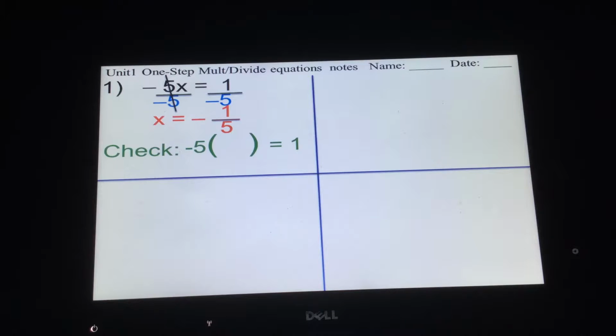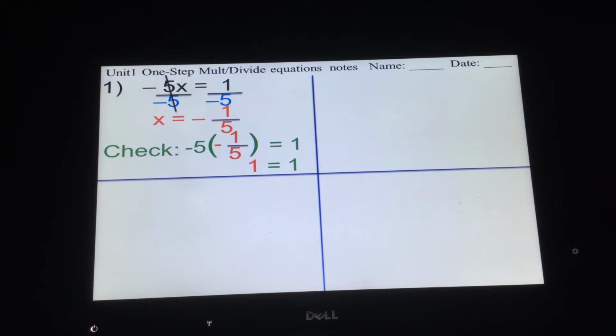Let's put the negative 1/5 in there, and then you can multiply that in your calculator: negative 5 times negative 1 over 5. If you are going to use the fraction, you need to put it in parentheses. That's going to get you a positive 1 because negative times negative is positive. So 1 equals 1. This tells me that my answer is negative 1 over 5.